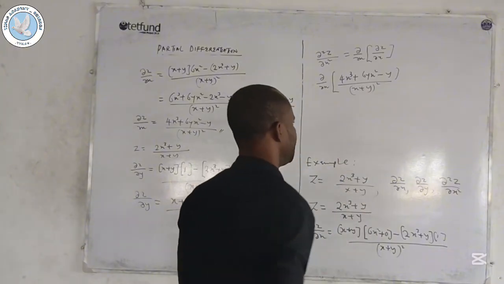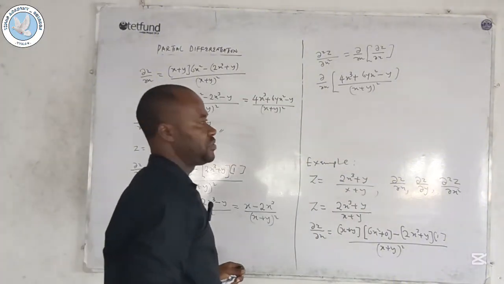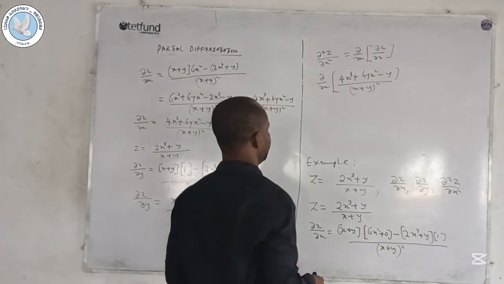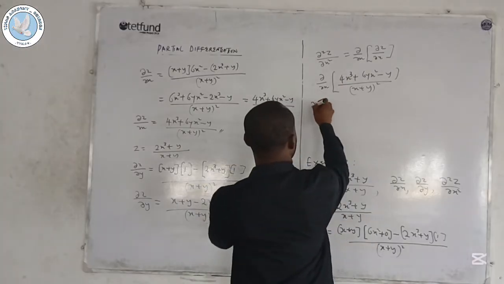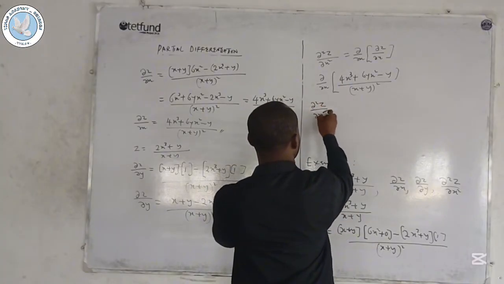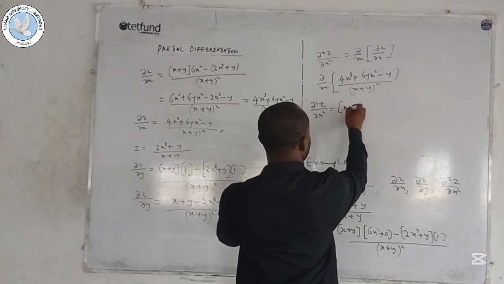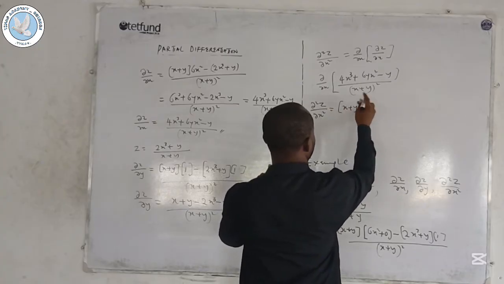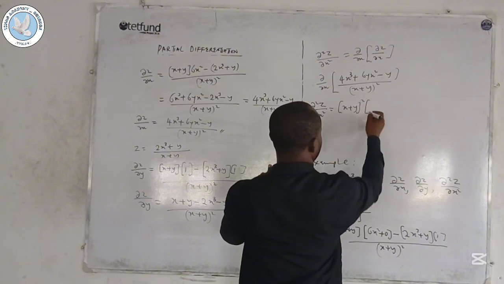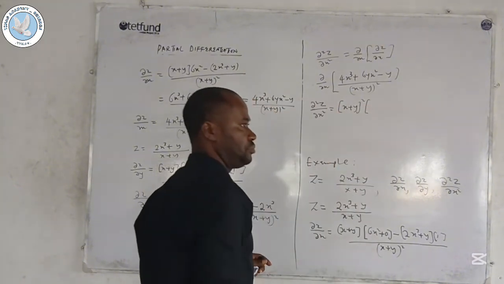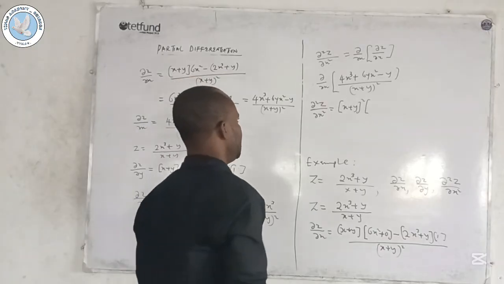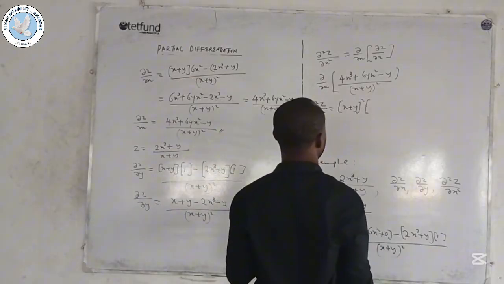So at this point we are going to differentiate this with respect to x. So this is giving us this. Multiplying this, we have this, and we also have to differentiate the numerator with respect to x.